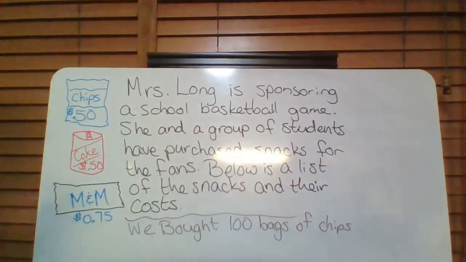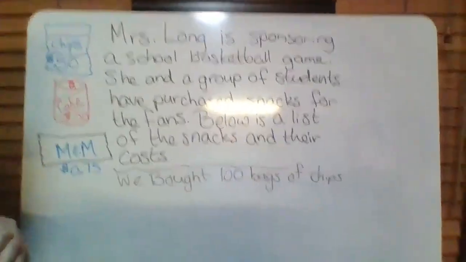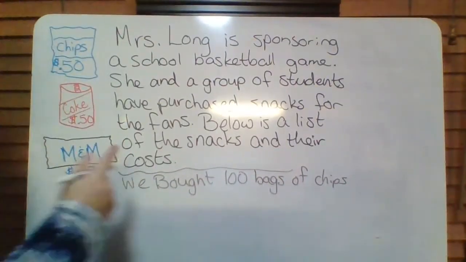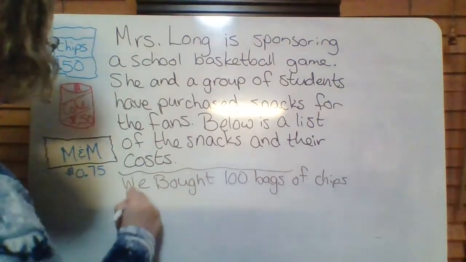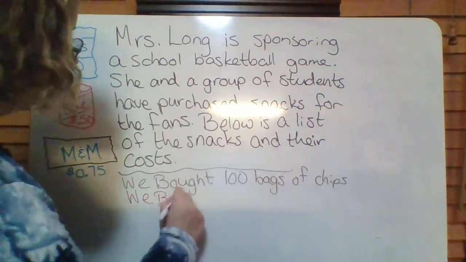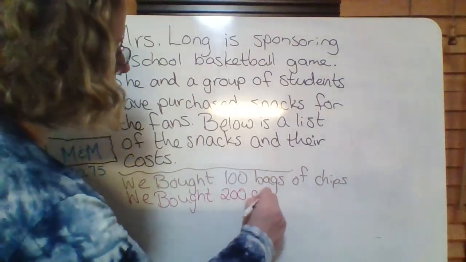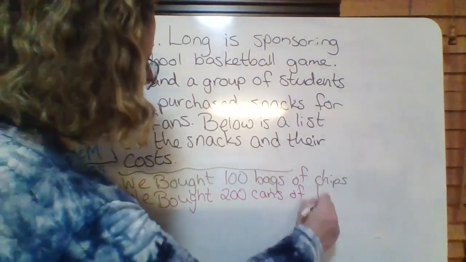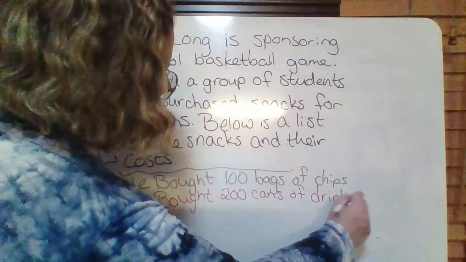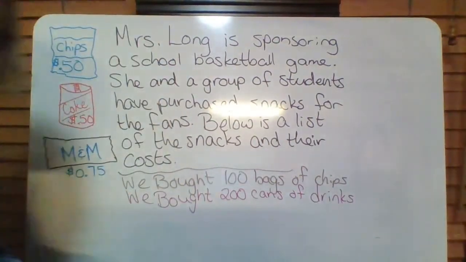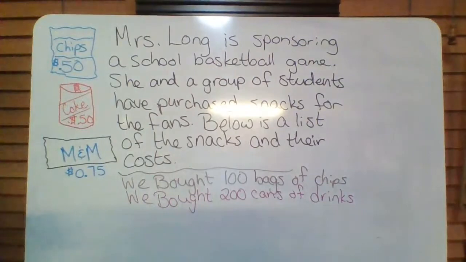Then let's say that we decided we were going to buy 200 cans of drinks. So we bought 200 cans of drinks. Okay? You don't see that color? Not too great.